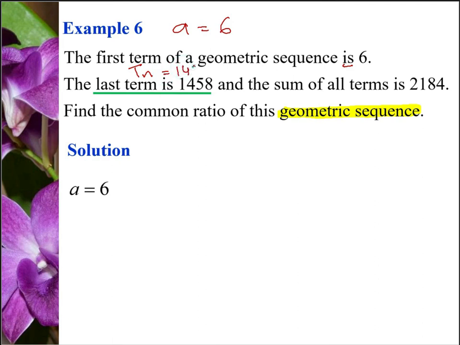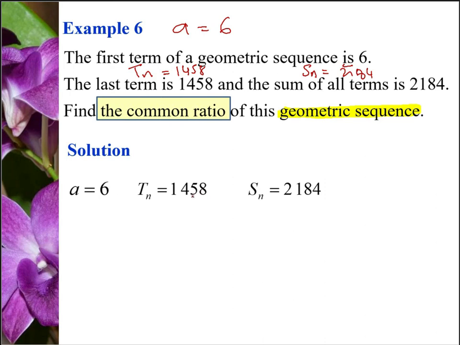Last information, the sum of all terms. Same thing, since we don't know how many terms are in this sequence, we just write sum of n equal to 2184. Once you have listed down the information, read the question again. Find the common ratio. Common ratio here means the r for this geometric sequence.